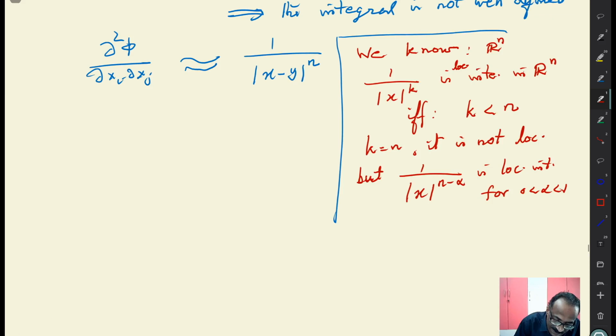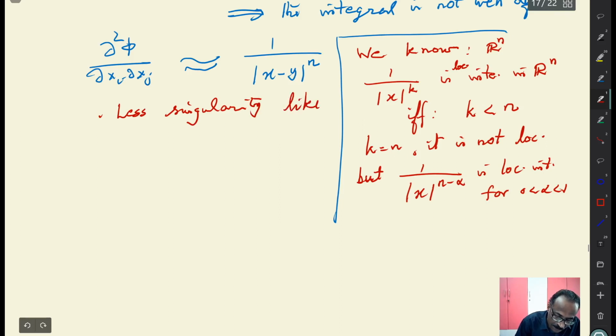If there is a little less singularity, like 1 by mod x minus y power n minus alpha, it is locally integrable.